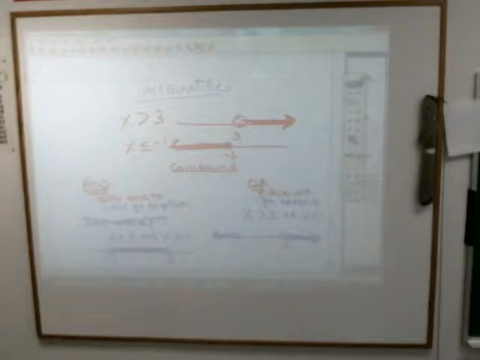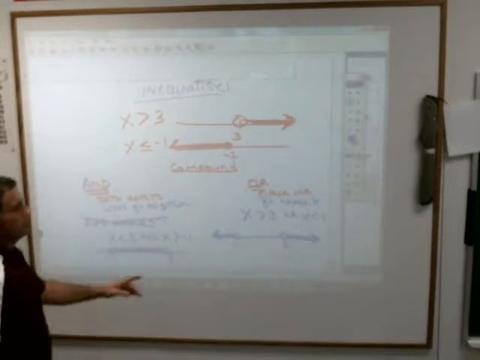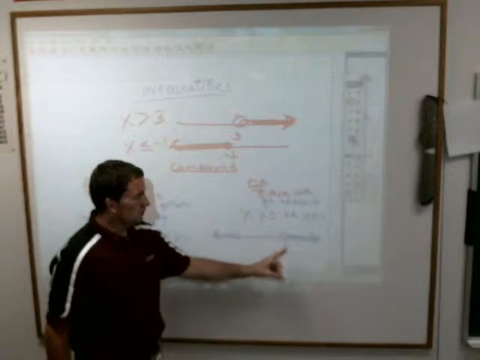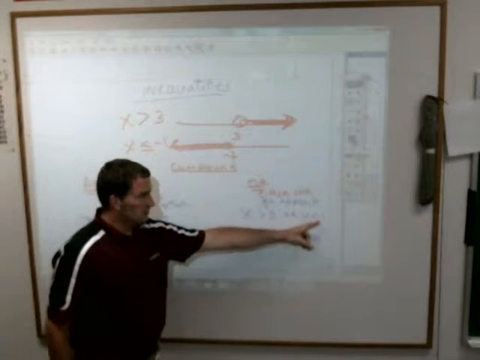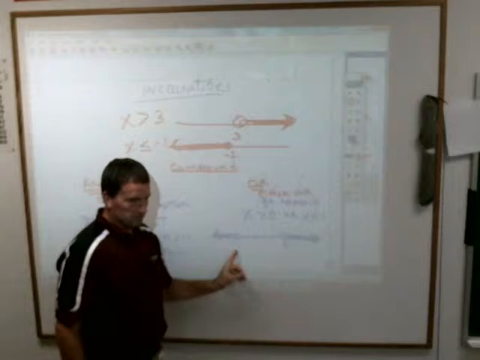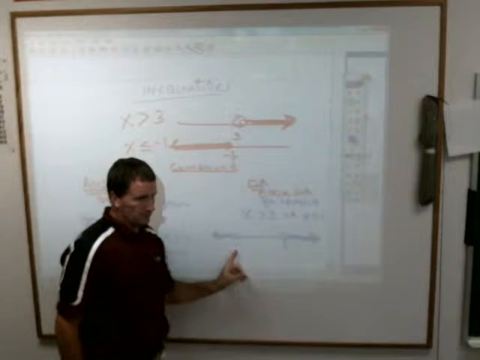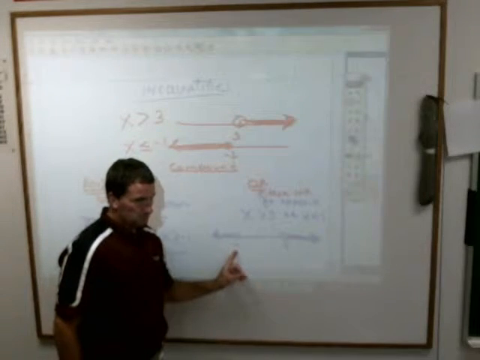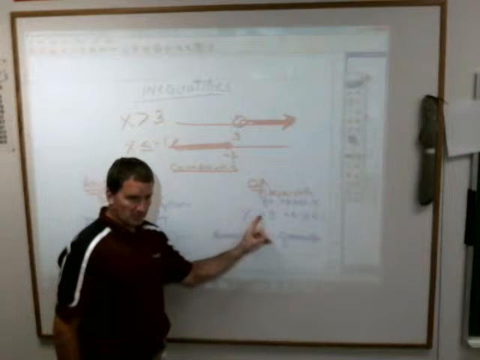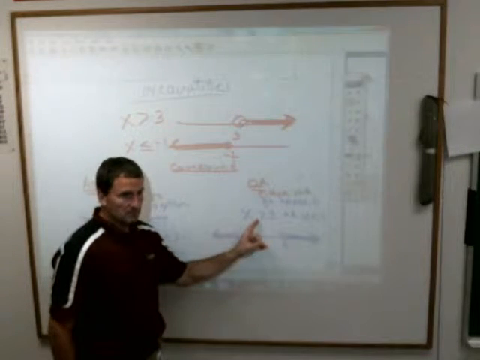Kendall? For the "or" one, I don't really understand how you got that. Well, what number's here, Kendall? 3. What number's here? 3. What number's here? -1. What number's here? -1. So do you not understand where I get the numbers from? No, I understand, but I don't know. What sign is this? X is greater.